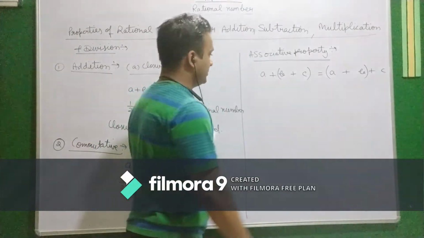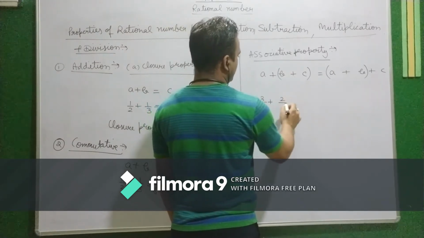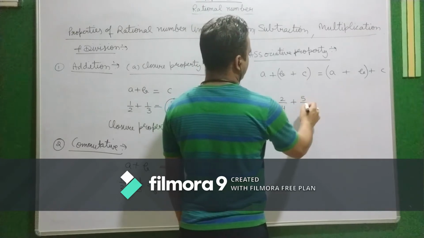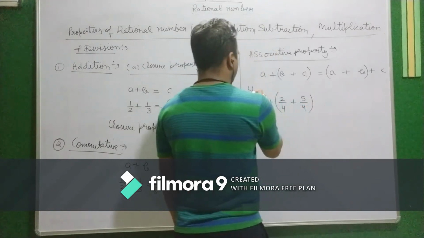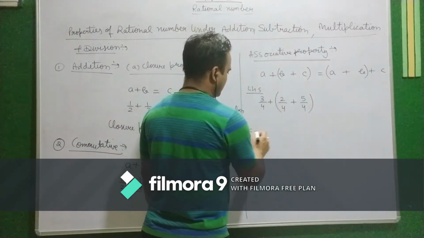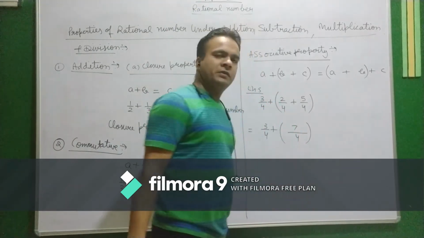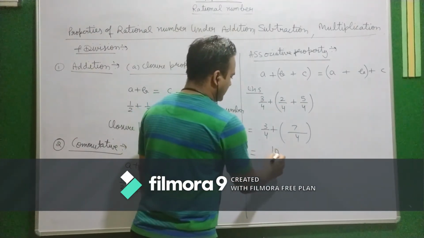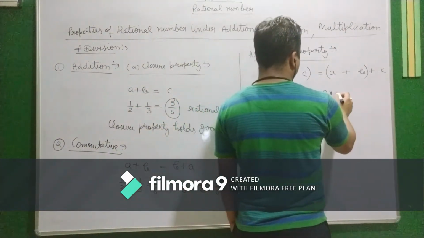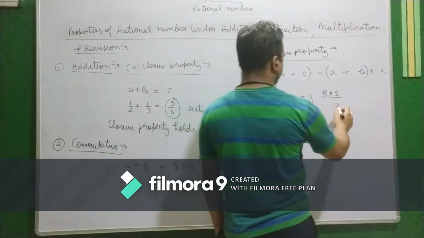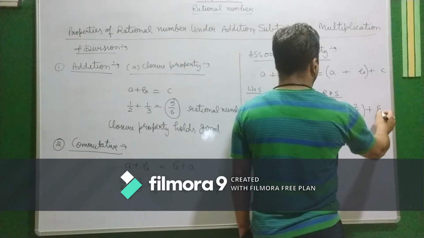Again we will put in an example. Suppose you have 3 upon 4, then 2 upon 4 and 5 upon 4. You can take any one. I am taking the left hand side here so that you can understand it clearly. 3 upon 4 and this one, 7 upon 4 you will get, and at last you will get 10 by 4. In the same way, if we take the right hand side, again we will put 3 upon 4 in place of a, 2 upon 4 in place of b and this 5 upon 4.